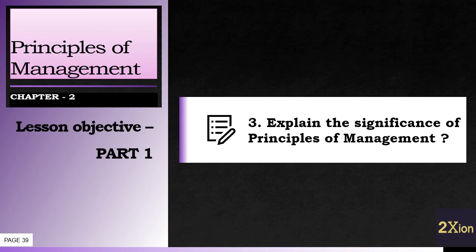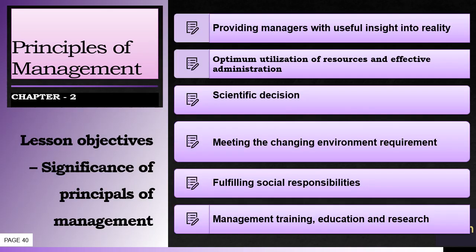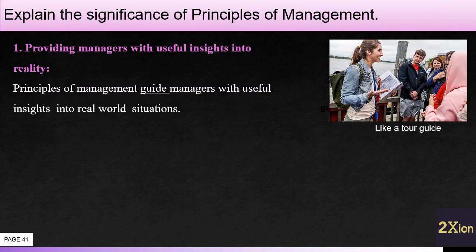Third lesson objective: explain the significance of principles of management. These are the points to be discussed in significance of principles of management. Principles of management provides managers with useful insight into reality. Principles of management guides managers with useful insight.